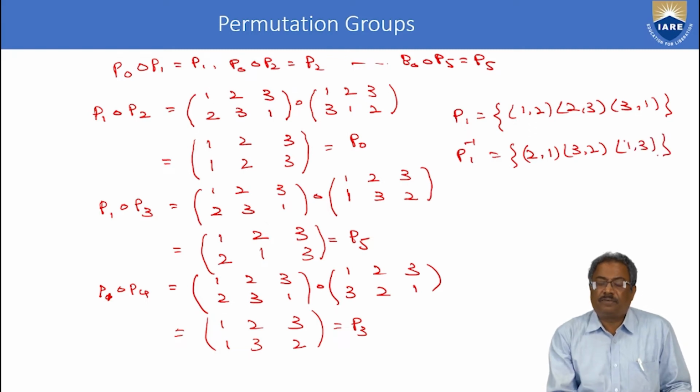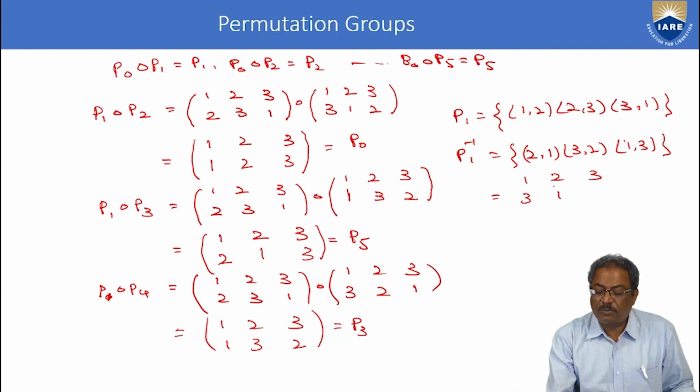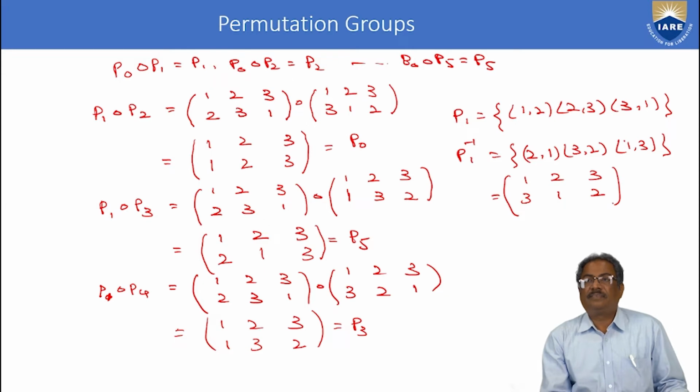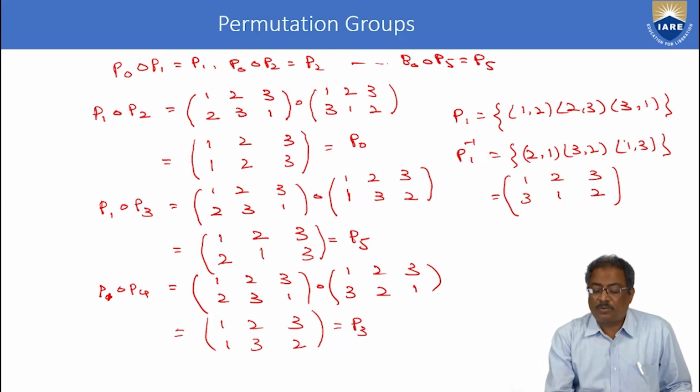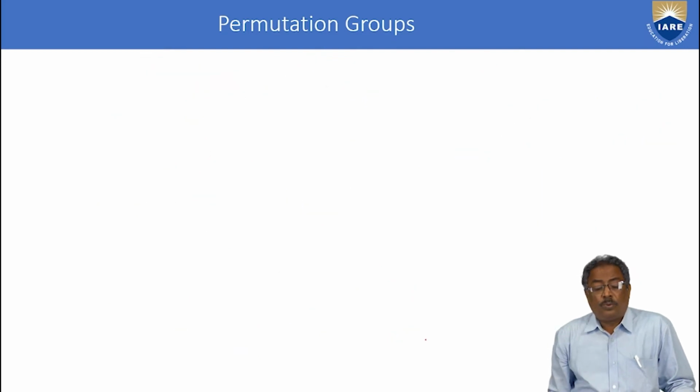In line notation, 1 is mapped to 3, 2 to 1, 3 to 2. So this is P1 inverse. In such a way, we calculate the inverse and the composition of permutation functions.